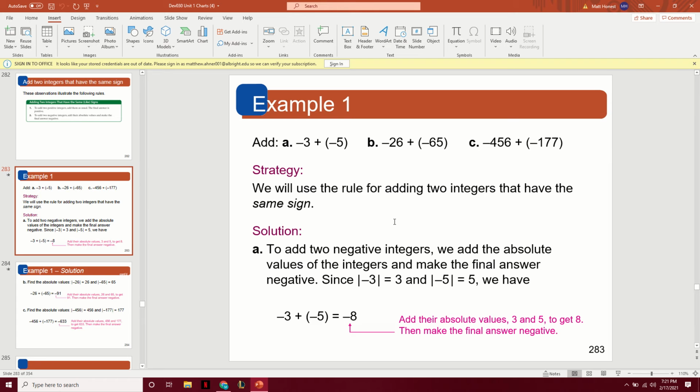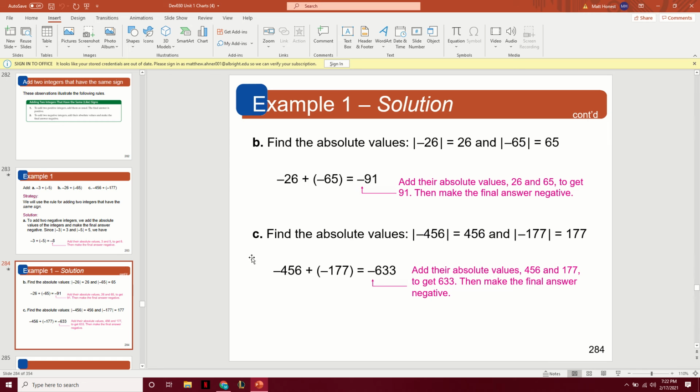For example, something like -3 plus -5. These two have matching signs. -3 and -5 have matching signs. So add them like you normally would, 3 plus 5. That'll give you 8. And because they were negative at the beginning, your answer is going to be -8. We can see that with the next problem too.